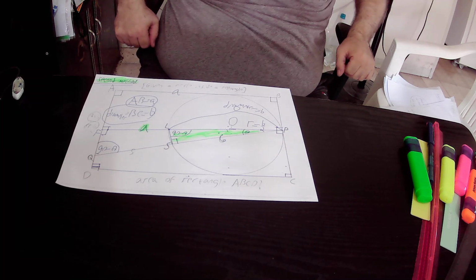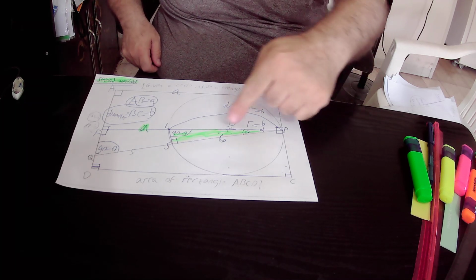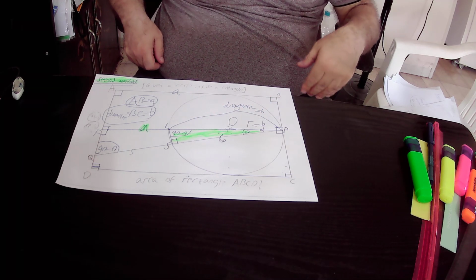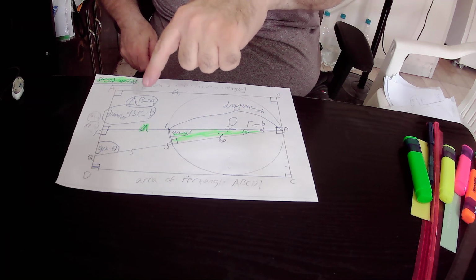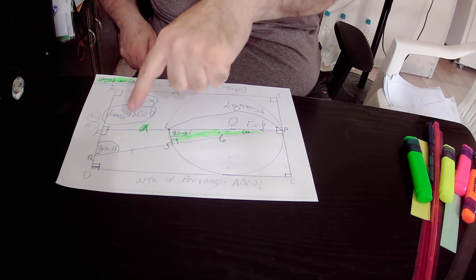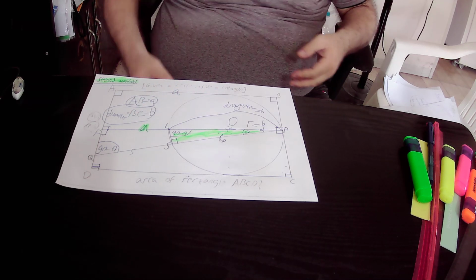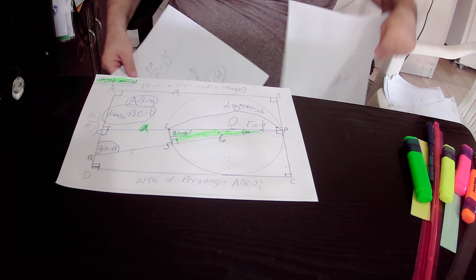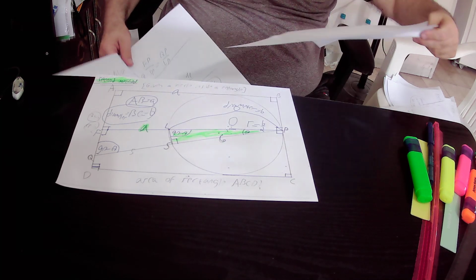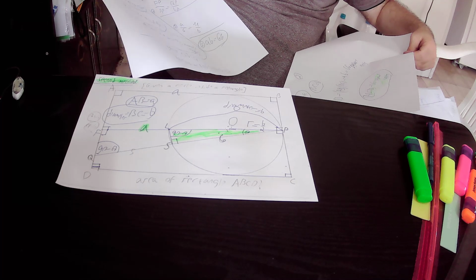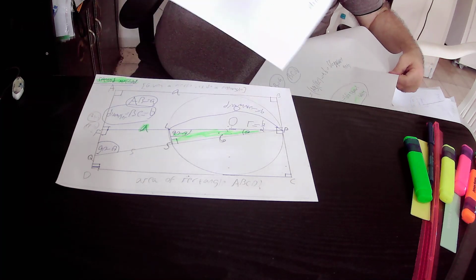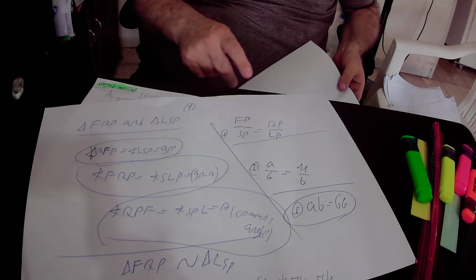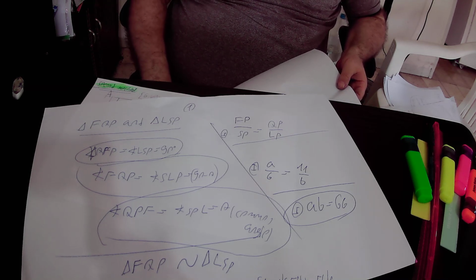And we actually proved that the green right triangle LSP is similar to the big right triangle FQP. And from the fact that those two triangles are similar to each other, we derived that FP over SP equals QP over LP.